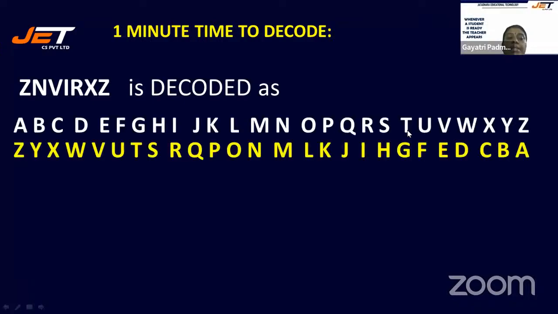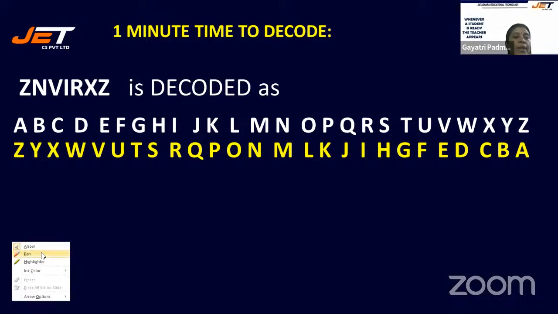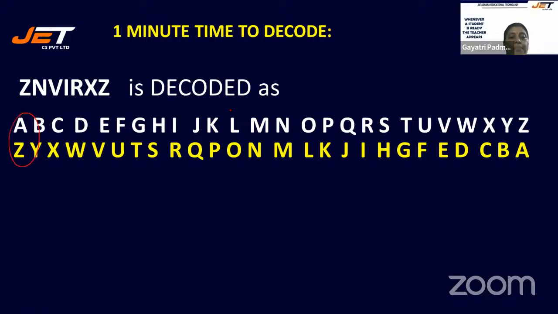We have ZNVIRXZ. Now how is this going to be decoded? Right. So fine. So let us try this. Z is A. All right. N is M. V is E. Right.